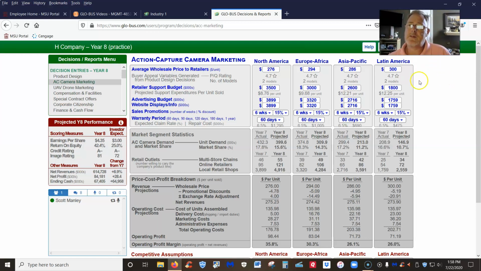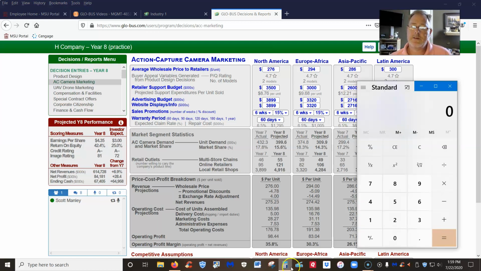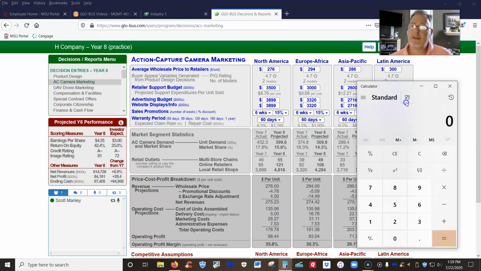But you remember, I wanted to sell my product for an average price of 280. And since I increased my price in 3 markets and only decreased my price in 1 market, namely North America, my average is too high. Okay, so I'm going to pull up my calculator and add these numbers together: 276, 294, 286, and 300.